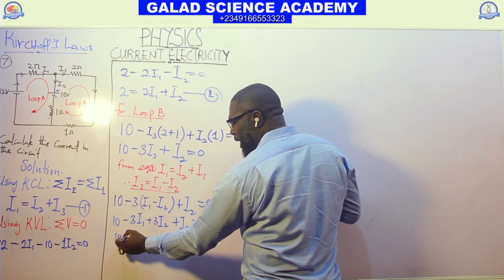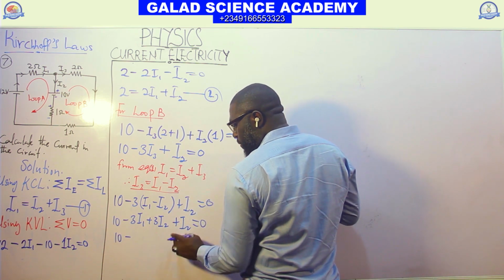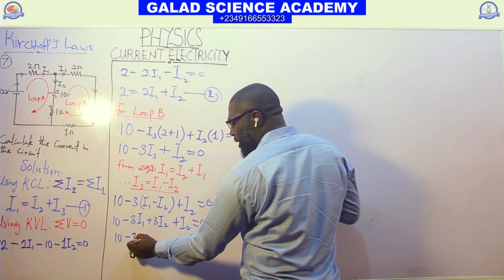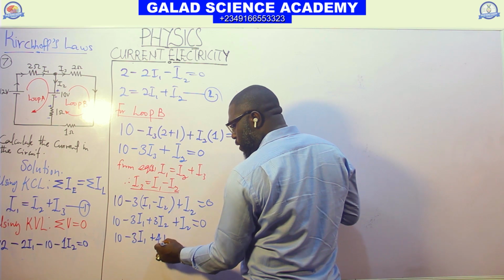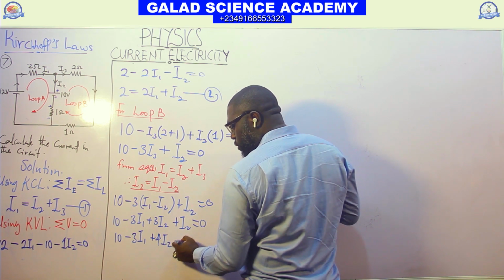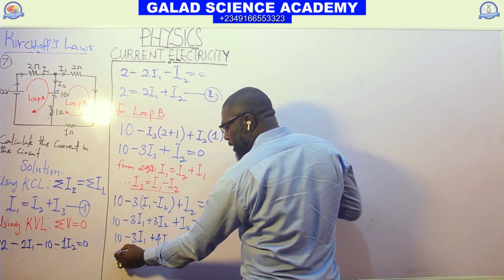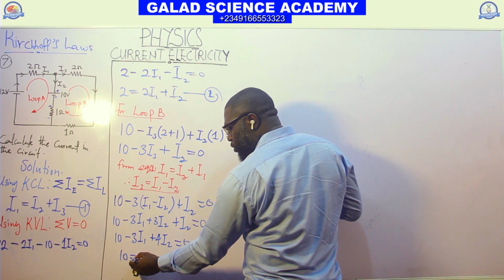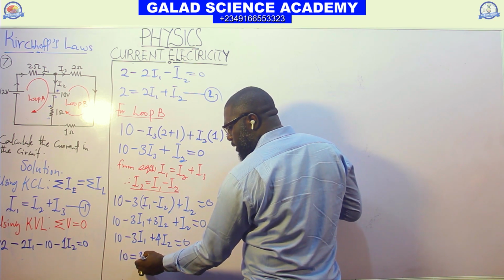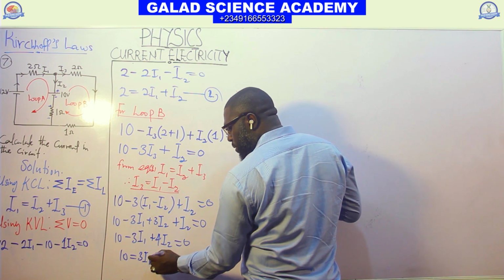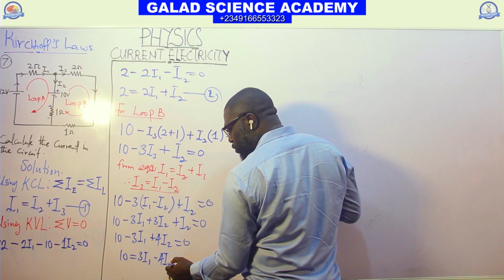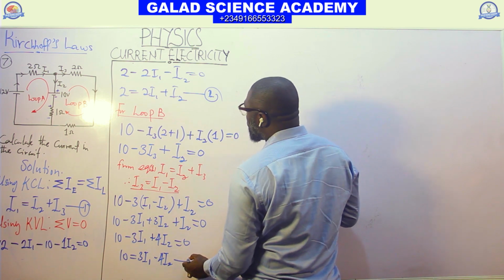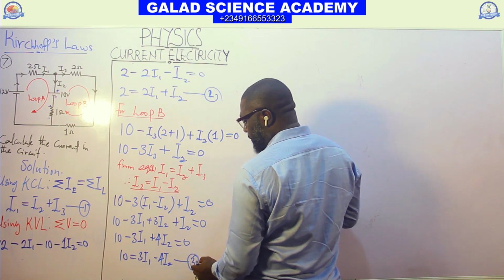Add it together: 10 minus 3I1 plus 4I2 equal to 0. You now have 10 equal to 3I1 minus 4I2. You can call it equation 3.